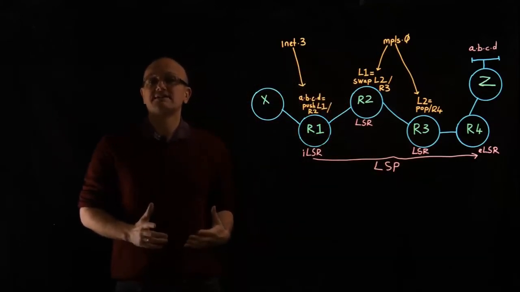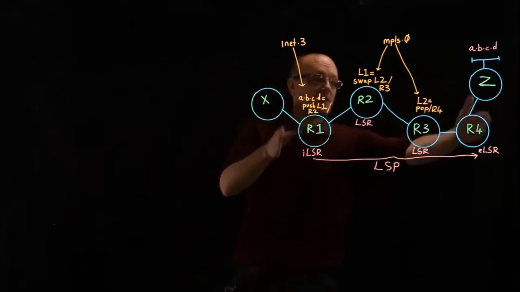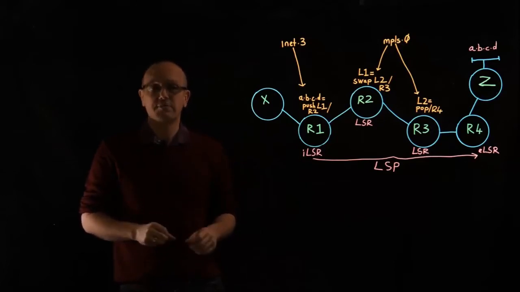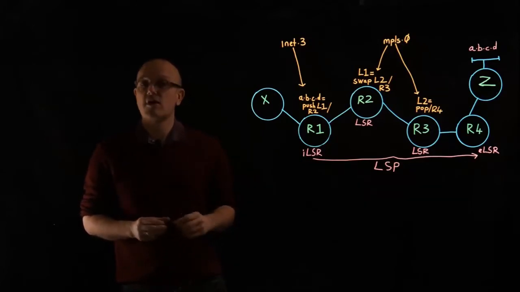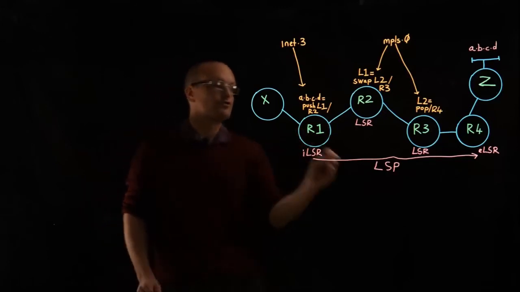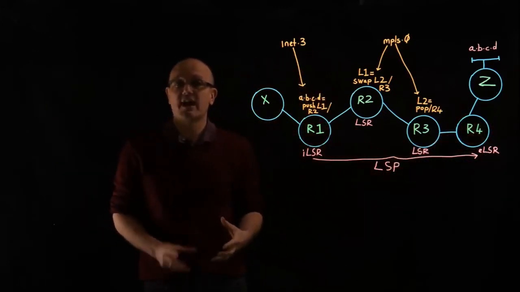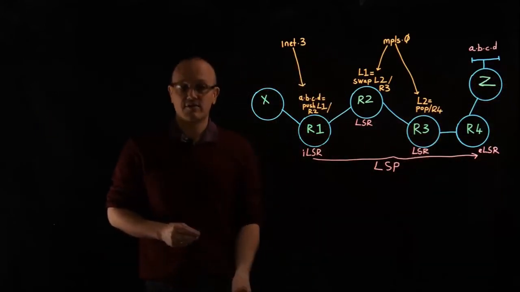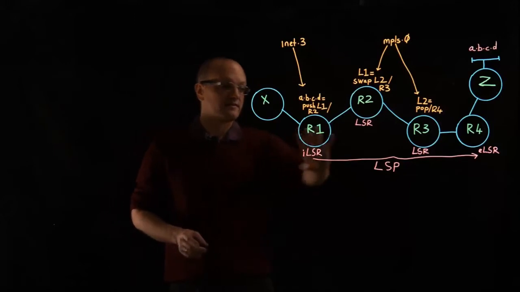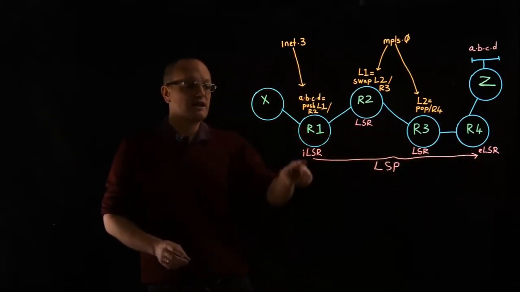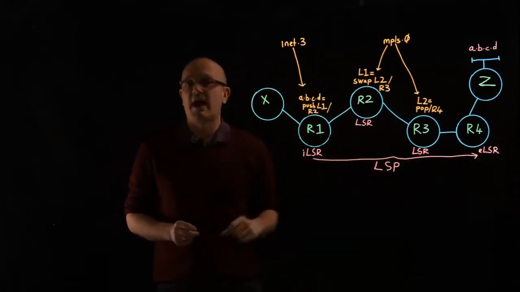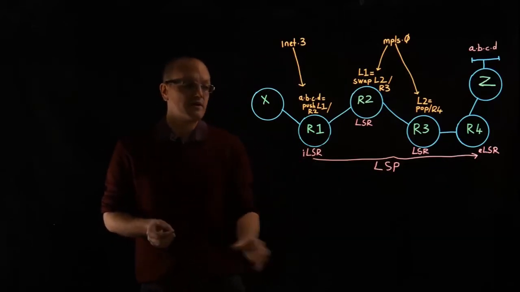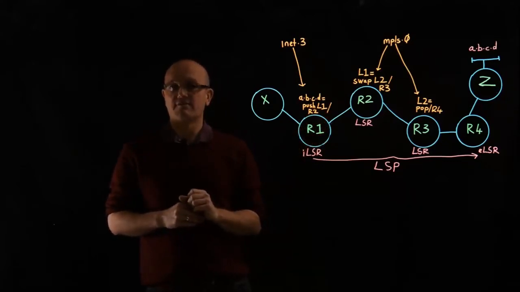So first off, let's examine some terminology within the MPLS portion of this network. We have an LSP, a label switched path, running from R1 to R4 that's going to be carrying our packets from X to Z. And the routers that are facilitating this label switched path are called label switched routers, or LSRs. We have an ingress LSR at the head end of the LSP.